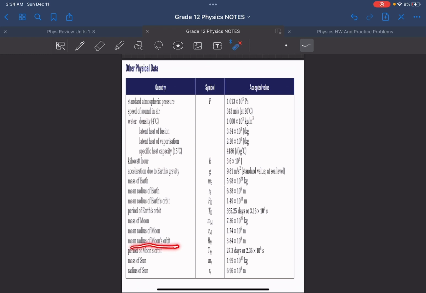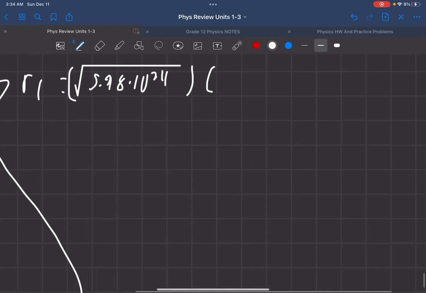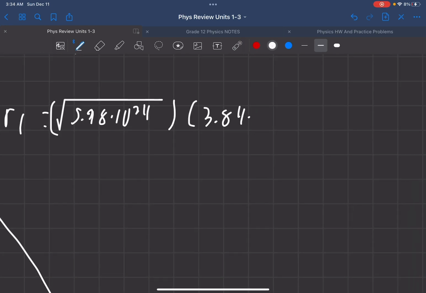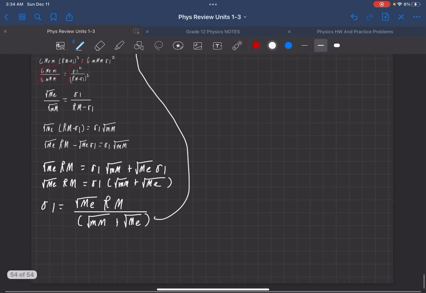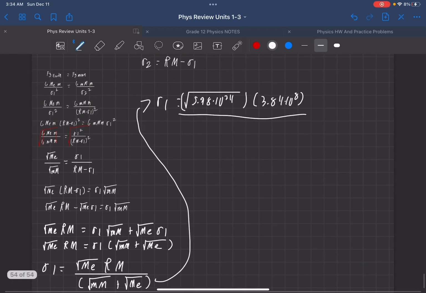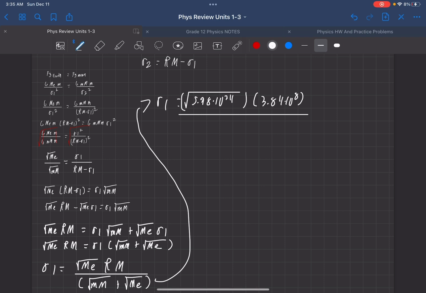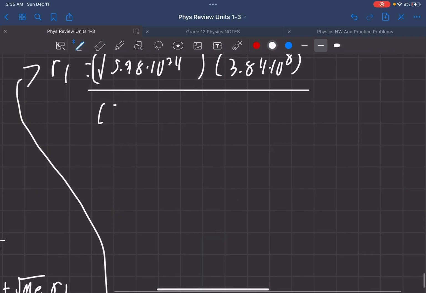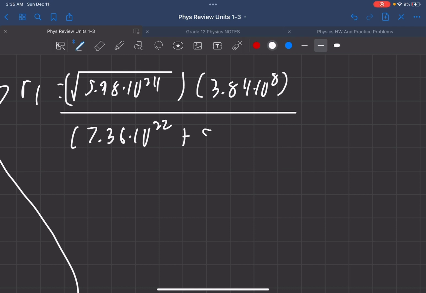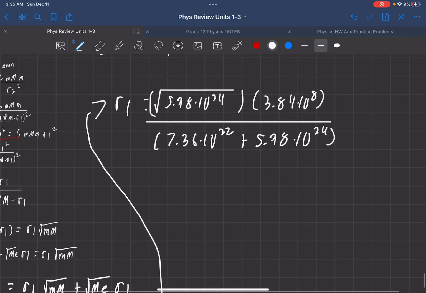So this guy, 3.84 times 10 to the 8th, and then all over the mass of the Moon, this guy, 7.36 times 10 to the 22nd, plus the Earth, 5.98 times 10 to the 24th.